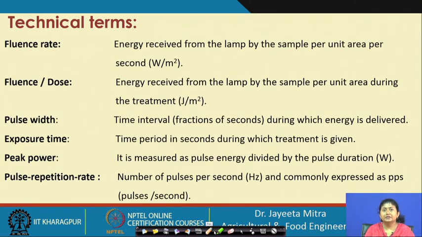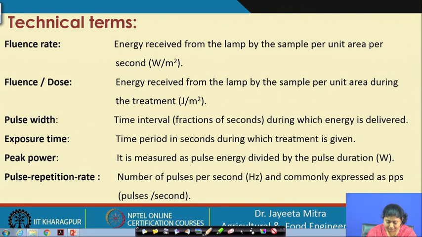So, there are certain terms that we need to know before applying this pulse light treatment to any food contact surfaces or packaging material, because the intensity of the action of the pulse light will depend on these parameters. So, one is the fluence rate. Fluence rate means the energy received from the lamp by the sample per unit area per second.